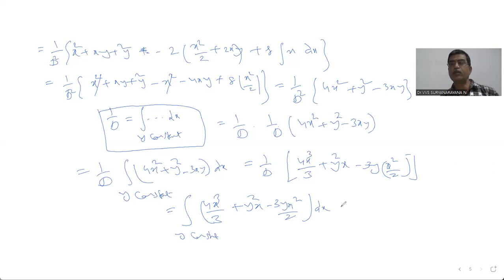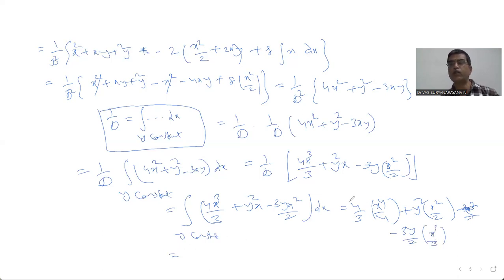So 4 by 3 into the integral of x cube, x power 4 by 4, plus y square constant, integral of x, x square by 2, plus minus 3y by 2 constant, integral of x square is x cubed by 3.